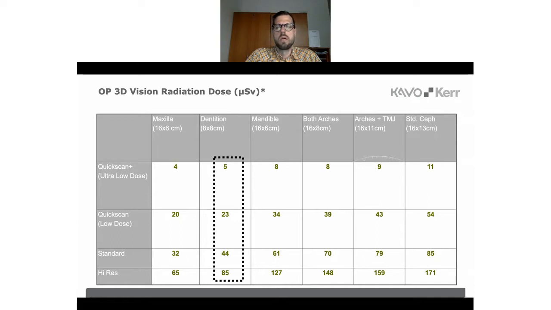The same situation is, for example, if we go to a bigger field of view, then we can have a quick scan where the dose is 9 microsieverts, and if we go really sharp, with the high resolution, then we get a much bigger number. So this is what I said, that we must think about if we need a really sharp image, or if we can do a little bit less sharp, but the dose will be much lower.